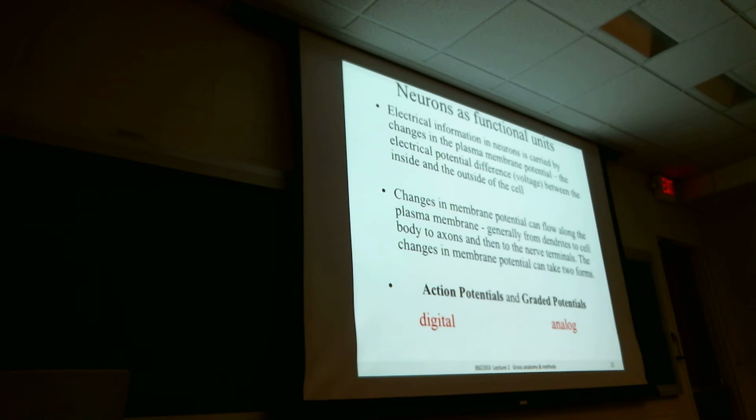It can move from those dendrites down through the axons, just like Cajal envisioned in his anatomical slides. Basically these changes in membrane potential can take two forms. They can be sent as action potentials, which you can think of as digital, or similar to a digital signal, and graded potentials, which are similar to an analog signal. So it's a little bit of both.